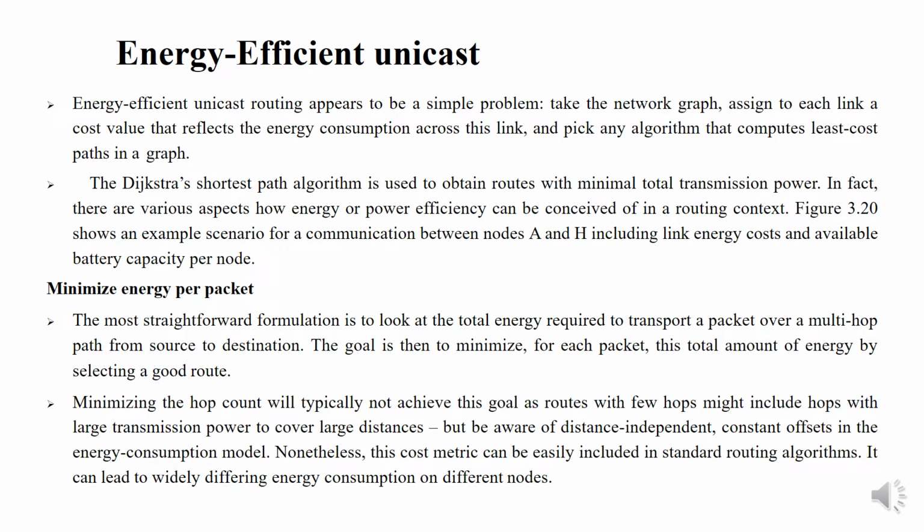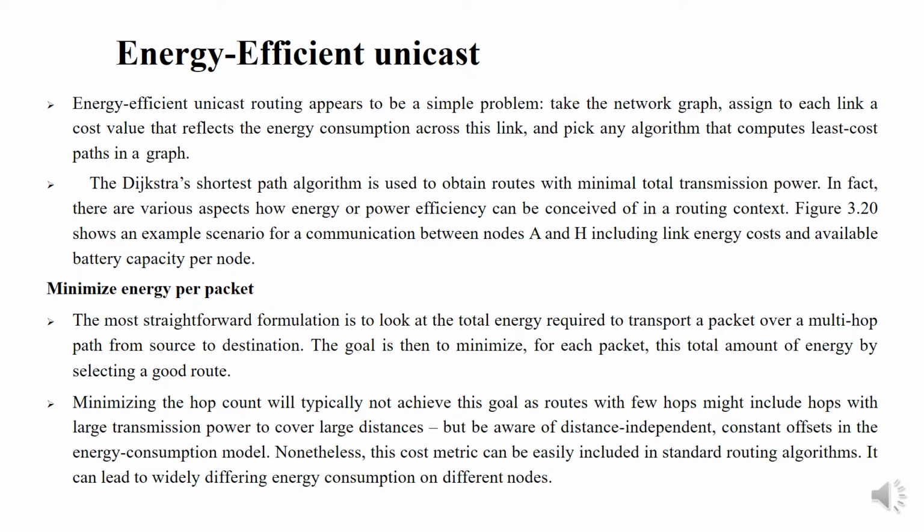The figure shows an example scenario for a communication between nodes A and H, including link energy cost and available battery capacity per node. Minimize energy per packet. The most straightforward formulation is to look at the total energy required to transport a packet over a multi-hop path from source to destination.